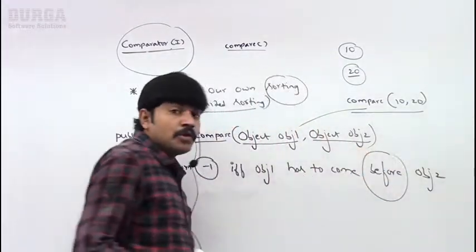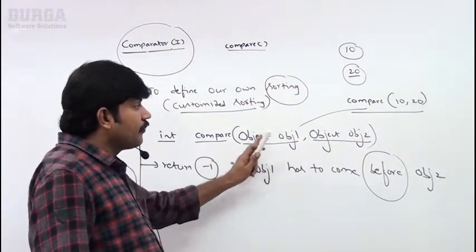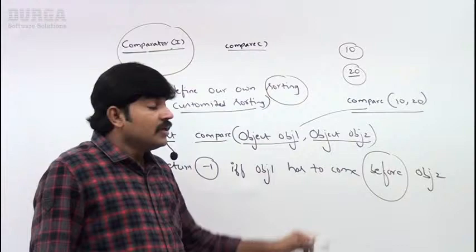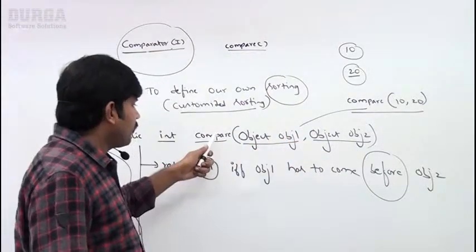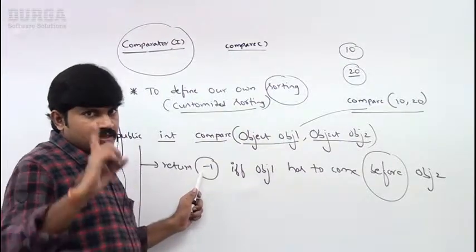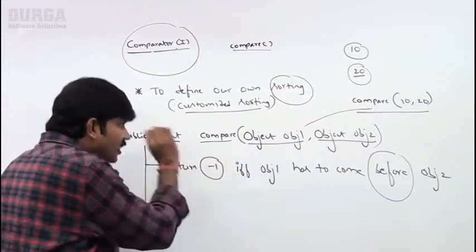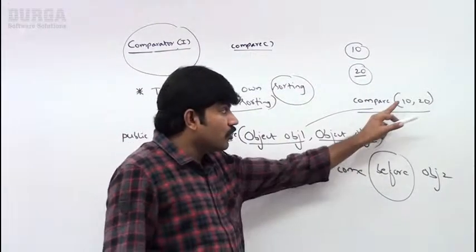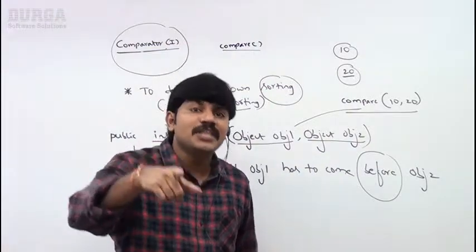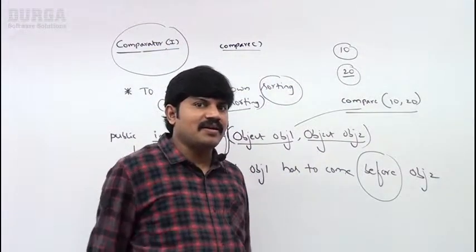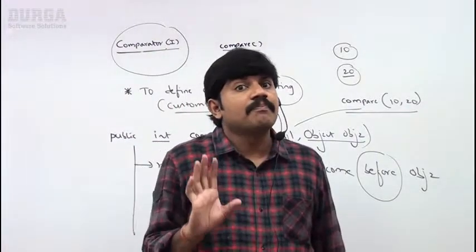If you want to arrange a sorting order where OBJ1 has to come before OBJ2, the compare method returns -1. The JVM always calls the compare method. If it returns -1, it places OBJ1 before OBJ2. So the JVM decides sorting order internally by calling the comparator compare method.